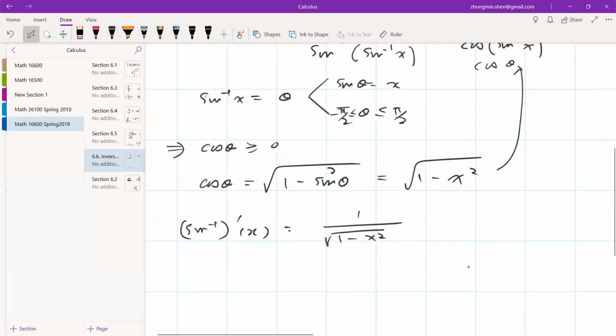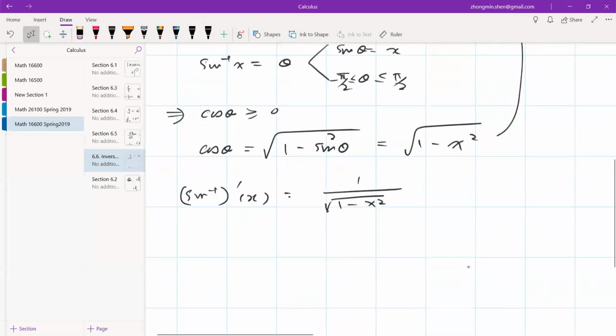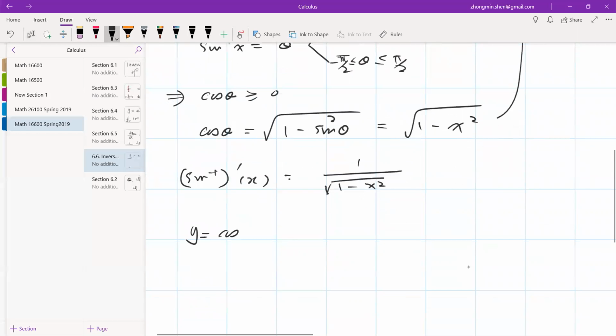Now, similarly, I don't want to do the cosine in full. For cosine, you can use a similar argument to get the derivative. Now, y equals cosine x. The only problem is you have to find the interval for cosine x so that it's increasing or decreasing.